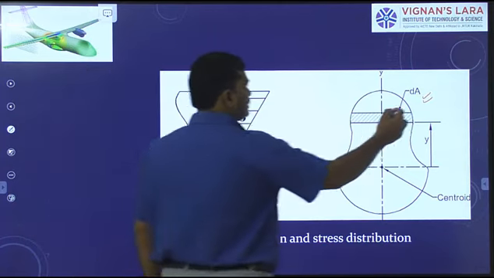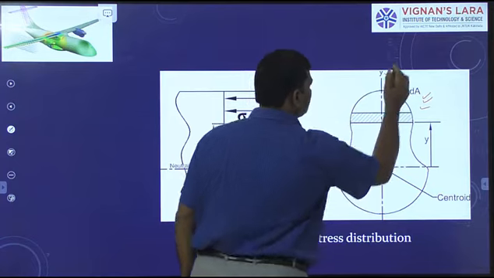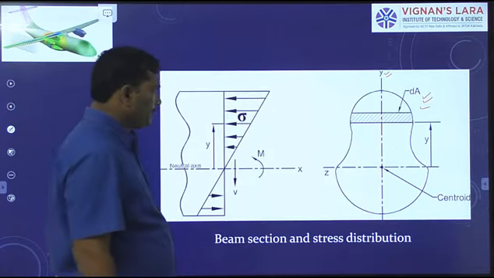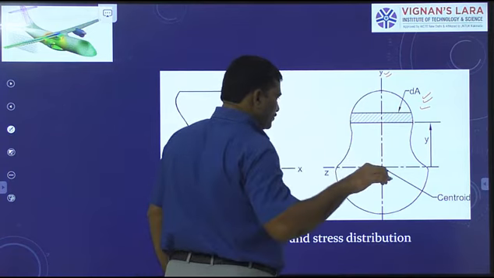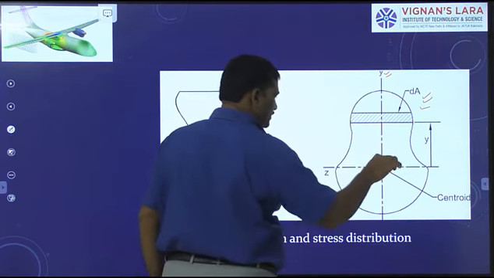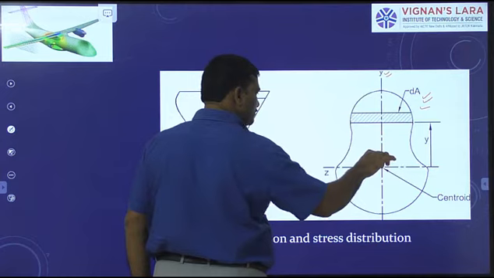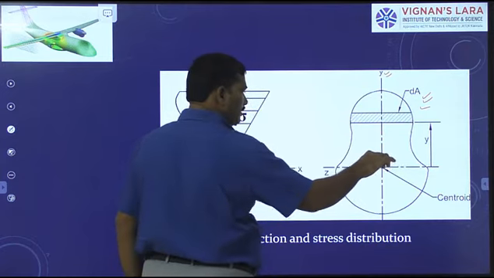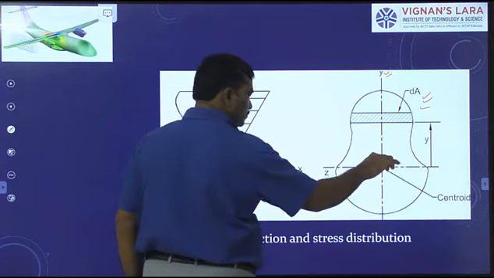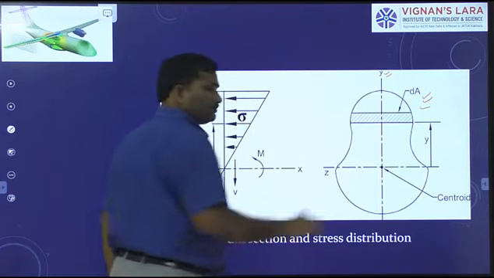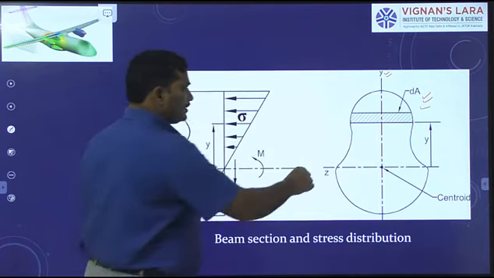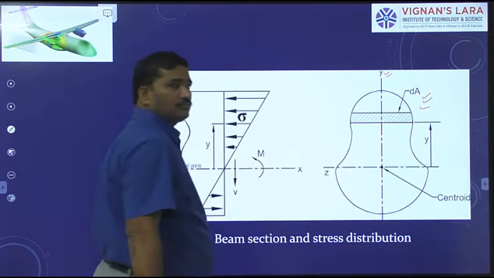This is a section symmetrical about the y-axis. Now, the neutral axis is passing through the centroid of the section like this. Now this is the z-axis.